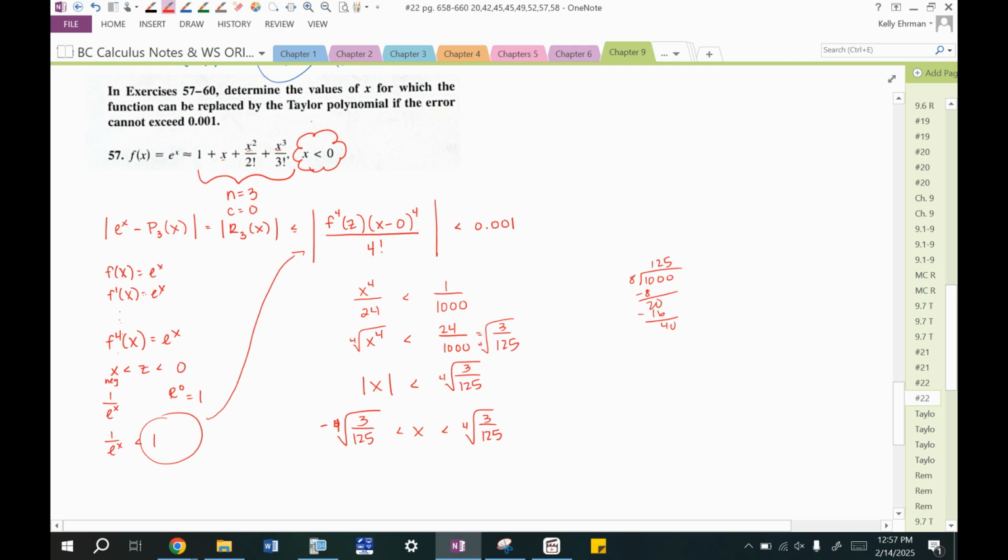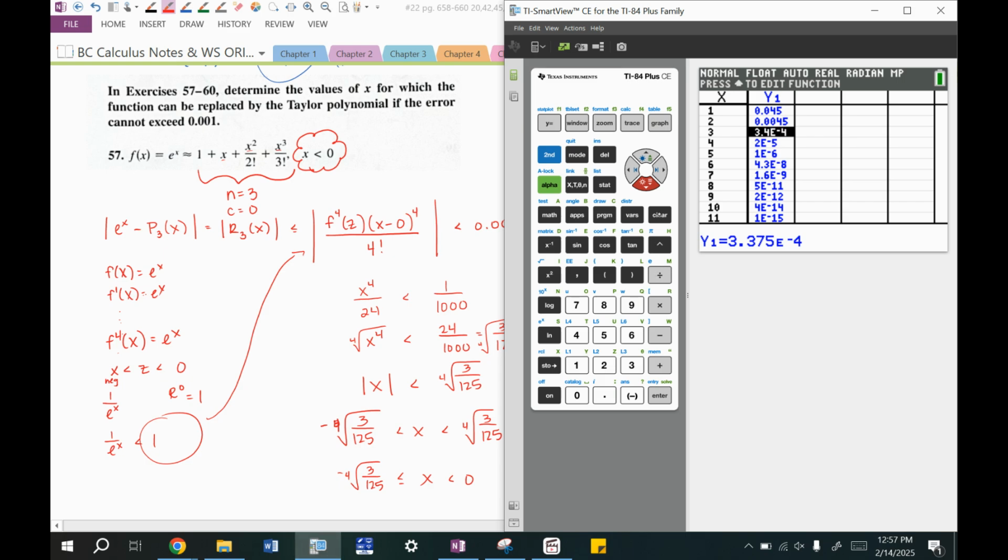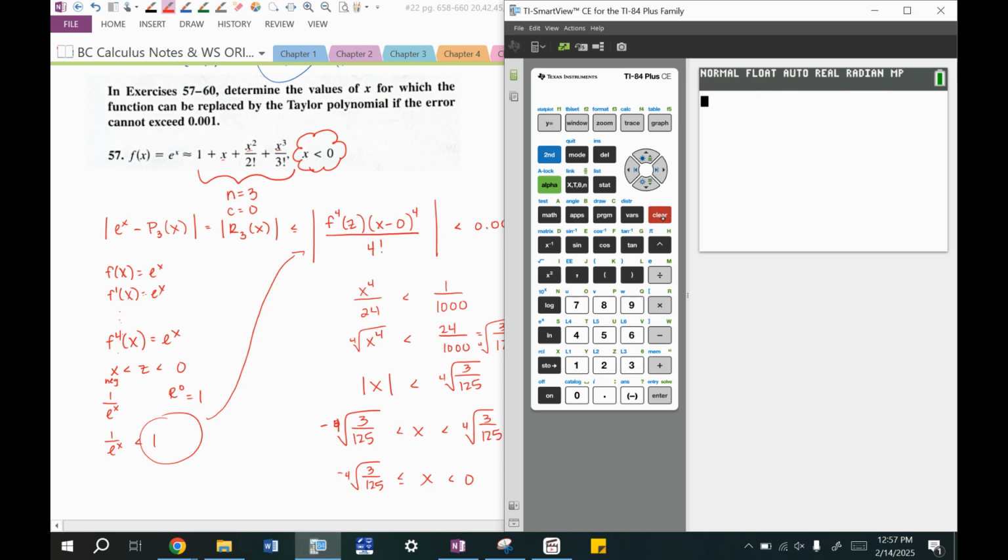But there is one extra little caveat. Remember, it said x is less than 0. So actually, I have to cut it off at 0. X can be anything between the negative fourth root of 3 over 125 and 0. Now, if you had a calculator, I would not go through all the 3 over 125 stuff. I would have said, what is 24 over 1,000 to the 1/4, using the nth root in my calculator?